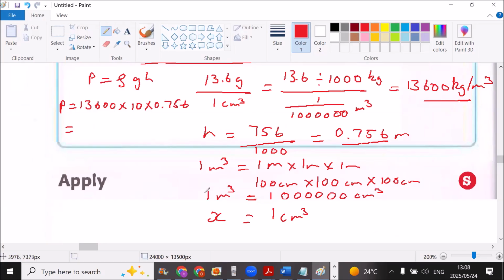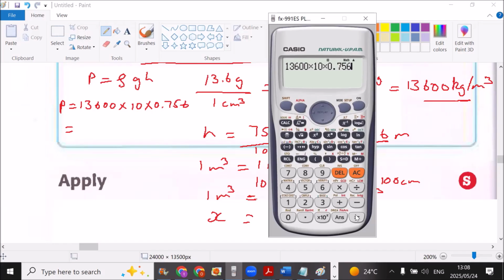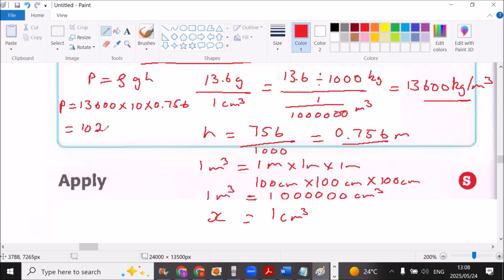This will give us 13,600 times 10 times 0.756, which will be 102,816. 102,816 pascals is 103 kilopascals to 3 significant figures.